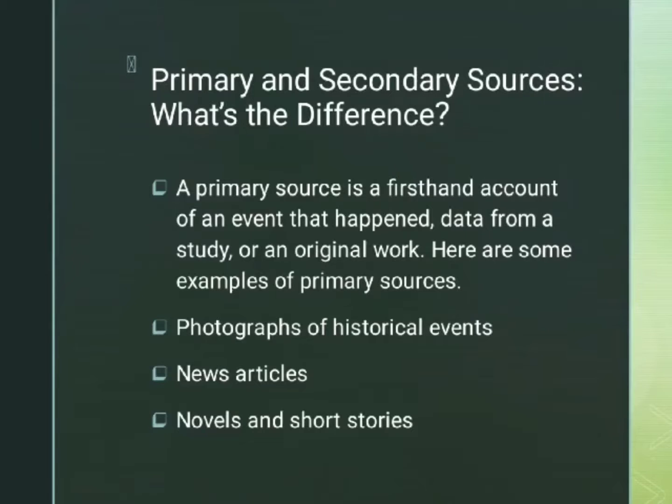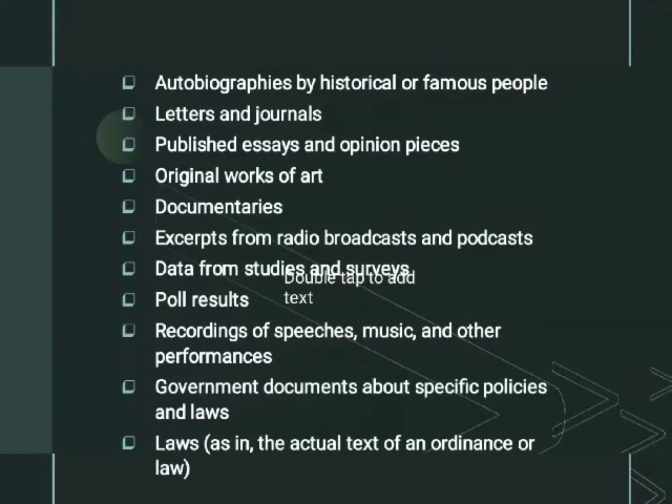Here are some examples of primary sources: photographs of historical events, news articles, novels and short stories, autobiographies by historical or famous people, letters and journals, published essays and opinion pieces, original works, documentaries, excerpts from radio broadcasts and podcasts, data from studies and surveys, poll results, recordings of speeches, music and other performances, and government documents about specific policies and laws, as in the actual text of an ordinance or law.